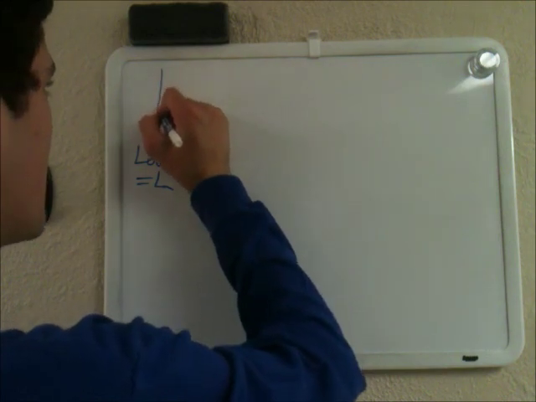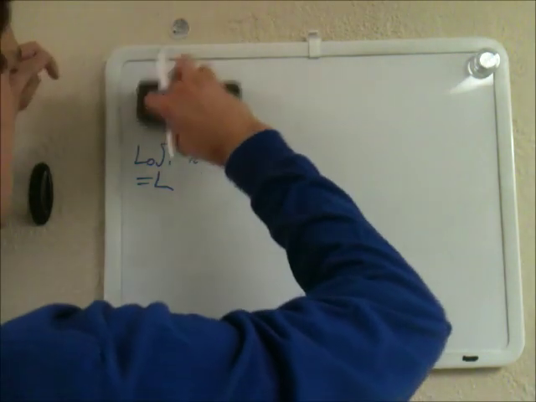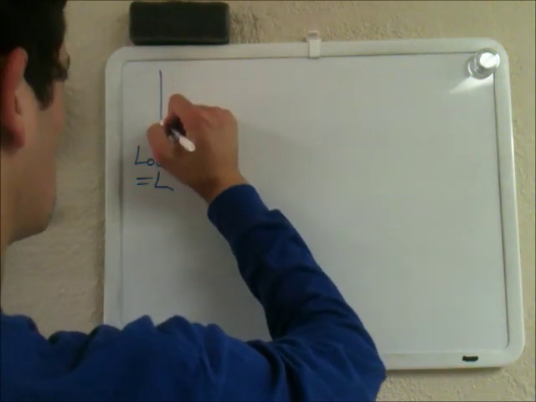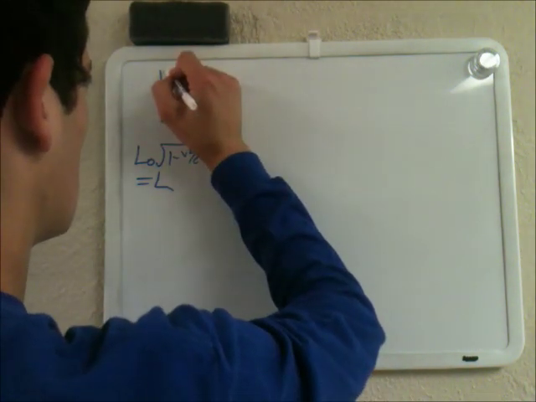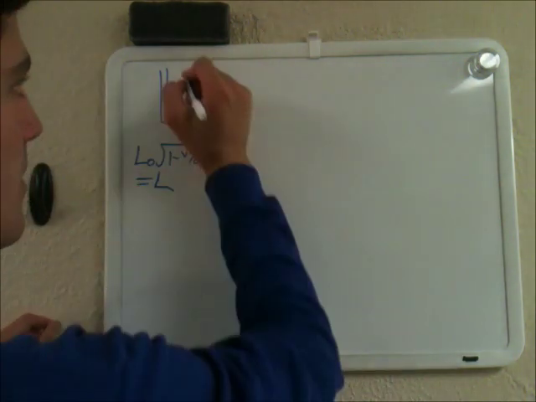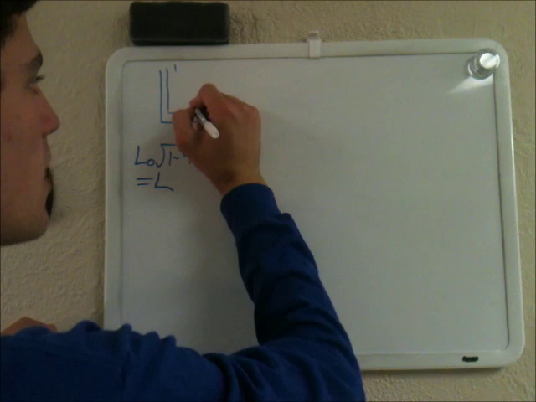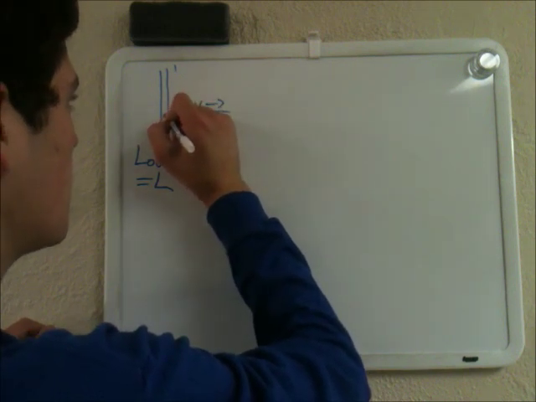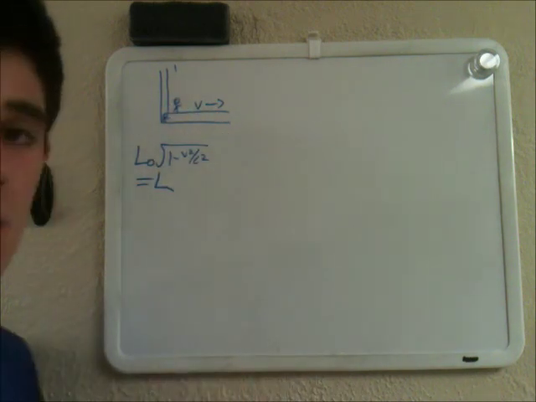Let's start with this. Let's say we have two reference frames, like this. We'll call this the not prime frame and this the prime frame. Prime frame traveling at velocity v with a little person over here, and not prime frame with a little person over here.